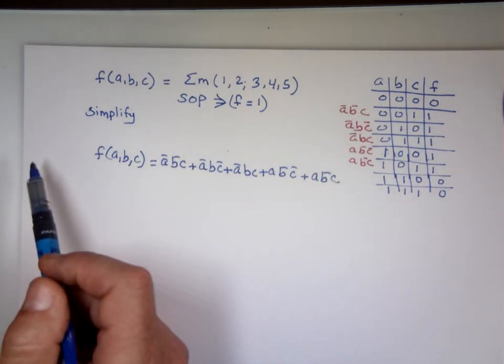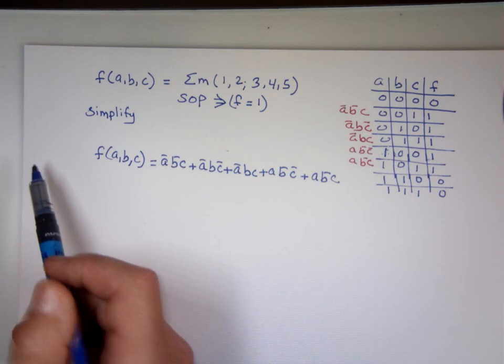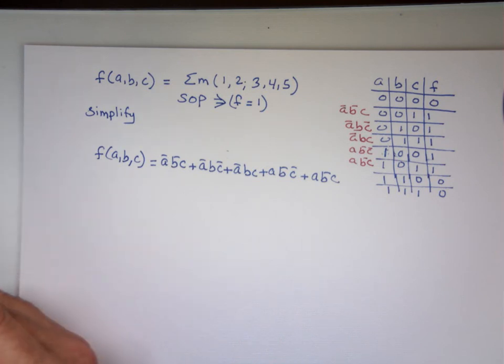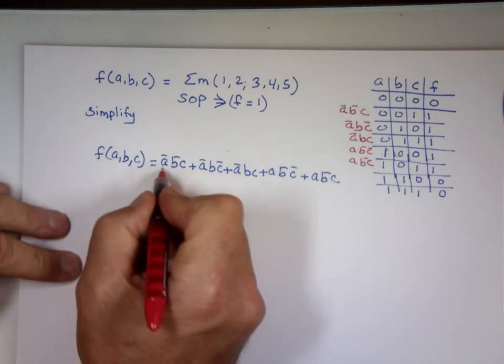Now the question, how can I simplify this? So we have to go through the math and simplify that. Now I see, and I don't know if you see it, I see this one with this one. Can you see it?